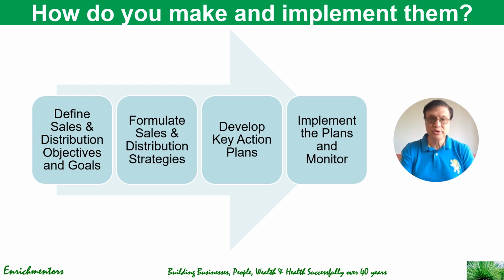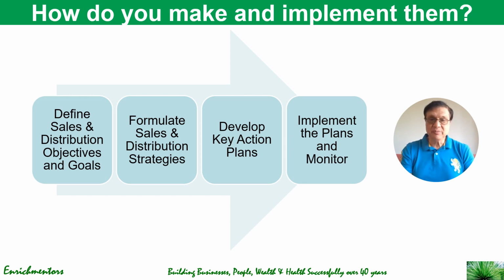Because unless you realize those sales and distribution goals and objectives, which are linked to your business strategy and business goals, how would the business achieve its goals? Third, strategies are still very directional, as you have come to know by now. They are more long-term and directional. Now you cannot execute strategy without developing key action plans. So the third step would be to develop key action plans.